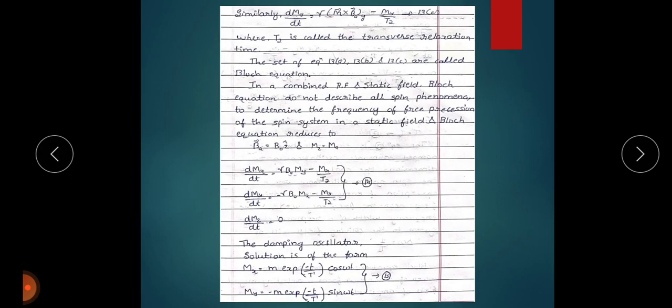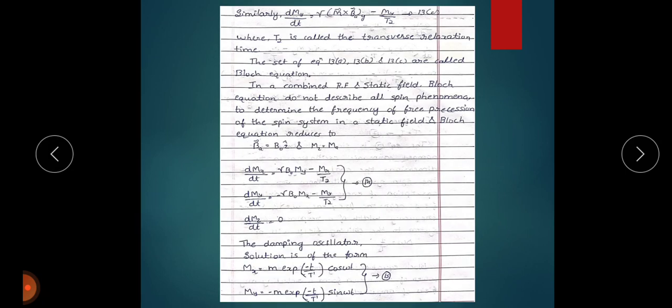Next, substitute these Mx and My values in equation 14. In equation 14 we have dMx/dt equals ν B0 My minus Mx divided by T2.